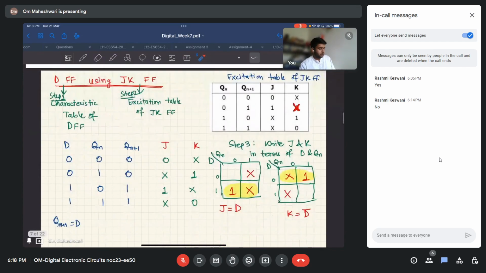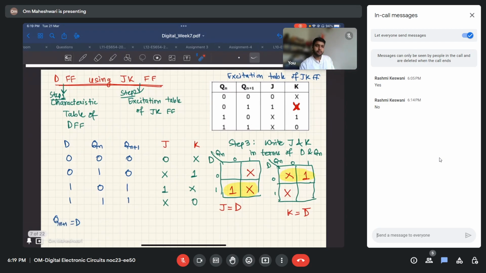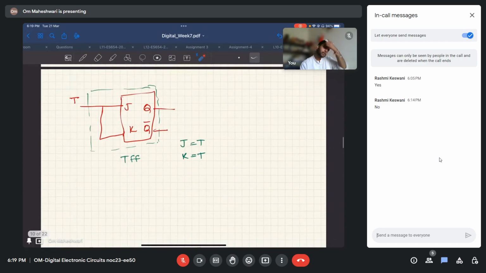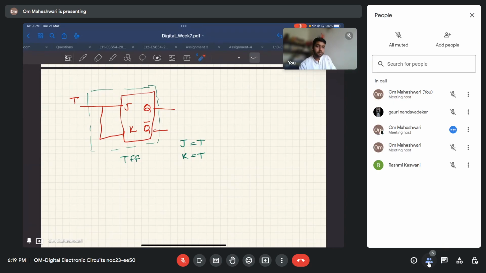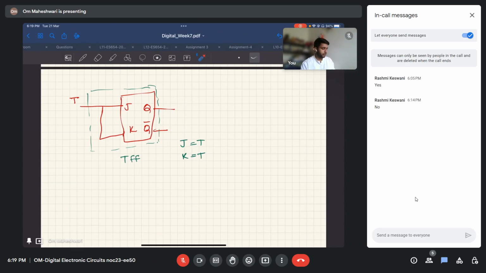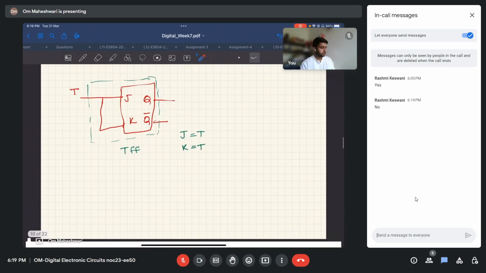Then write the inputs in terms of D and Q or whatever flip flop you require, and you will have your answer. So I hope it is clear. Since I do not see any questions, I'll move on to the next question. If you have any doubts, please feel free to ask.